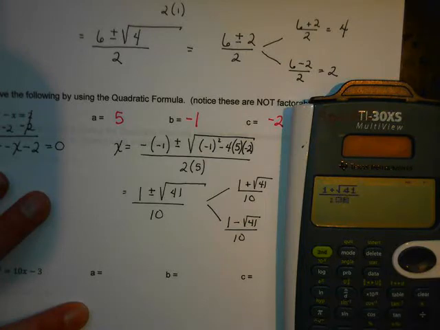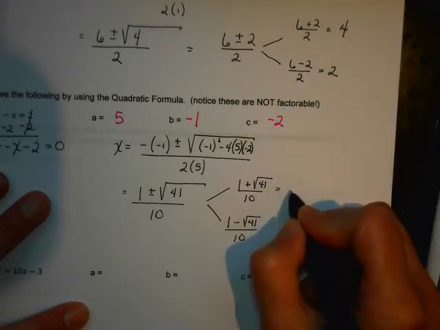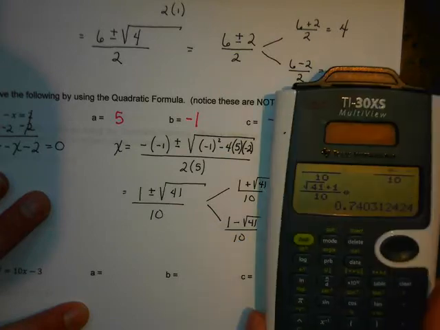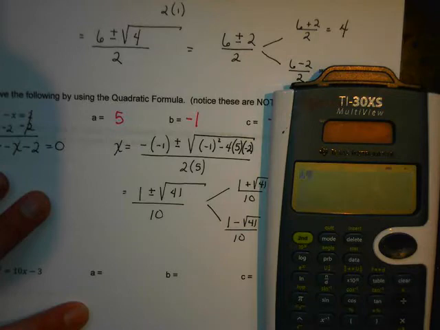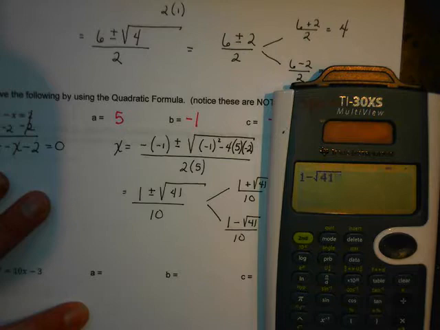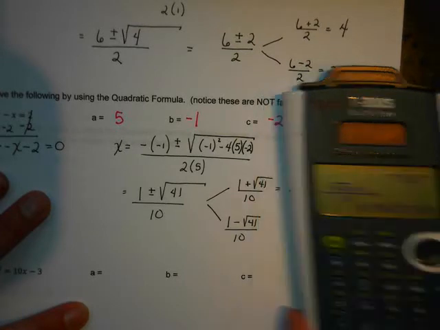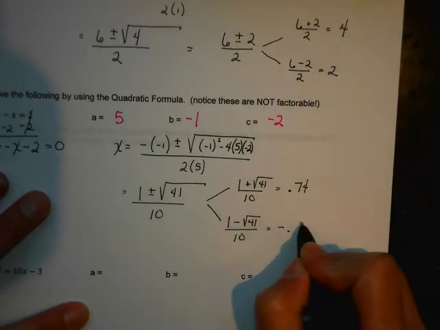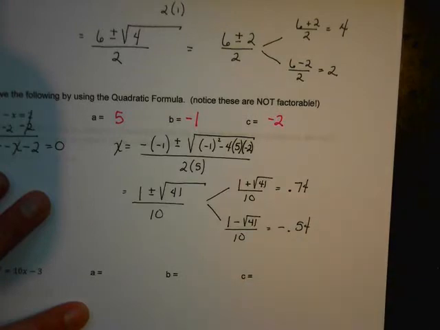So change it so we can get a decimal. 0.74. Okay, if we round it to 2, and then we'll get 1 minus the square root of 41. You can do it this way, divided by 10, and then change. Negative 0.54. How we do, okay? Does that make some sense, I hope?